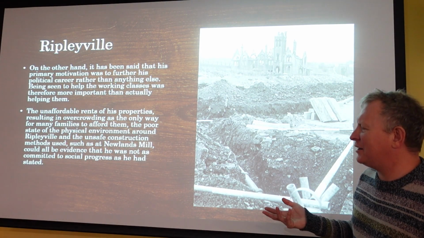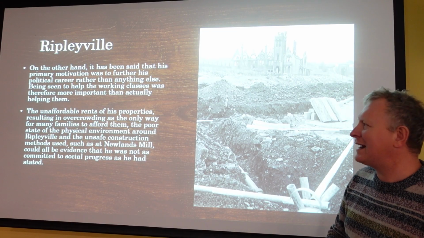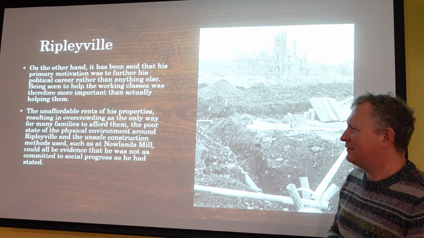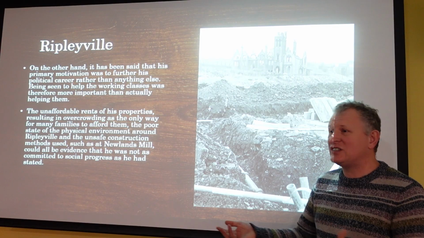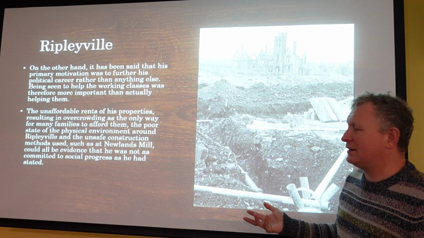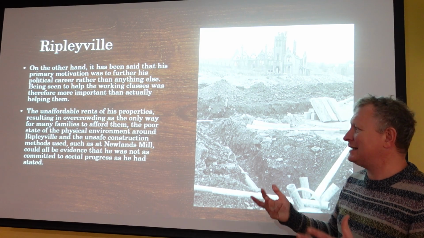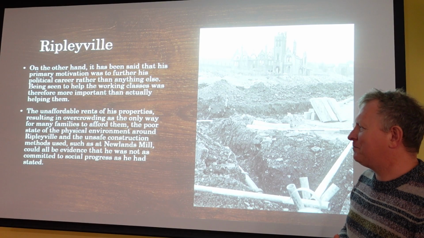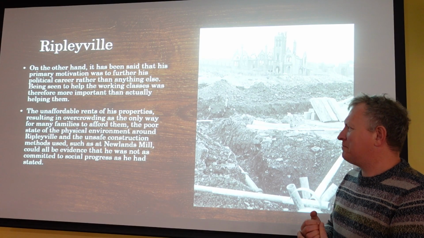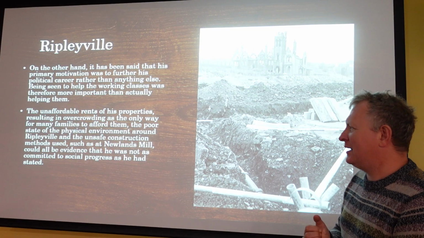Examples of evidence, if you like, backing that up are the unaffordable rent levels, which resulted in some overcrowding as the only way for people to afford to live there was by sharing properties. The poor state of the environment around Ripleyville, the streets were never adopted. It wasn't a particularly nice environment, and his business used unsafe construction methods. Maybe that also could have extended to the quality of these properties as well.